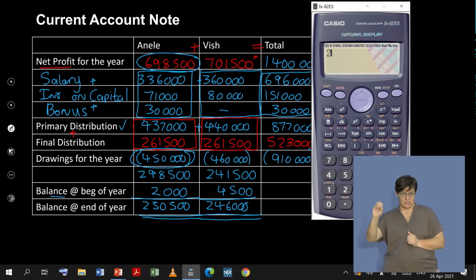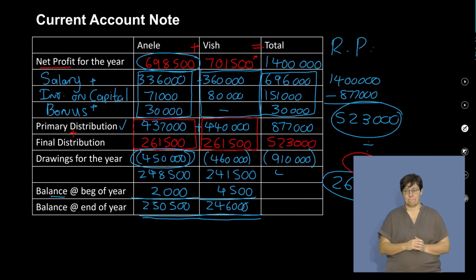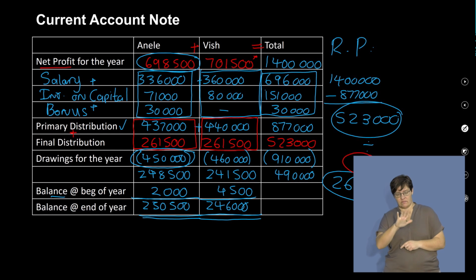So 248,500 plus 241,500, right, so that gives us 490,000. I just want to fill that in, 490,000. Right, and then I've got my opening balances, 2,000 plus 4,500. I don't need a calculator for that, so obviously 6,500.